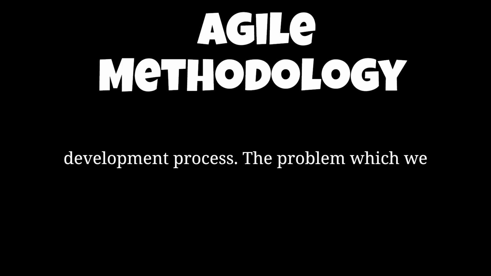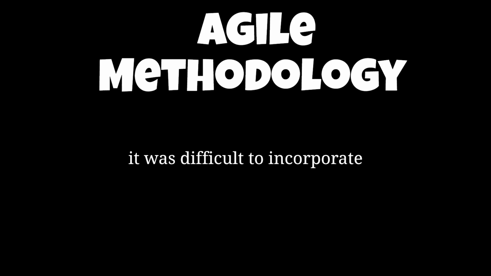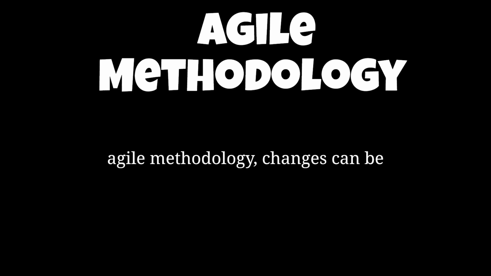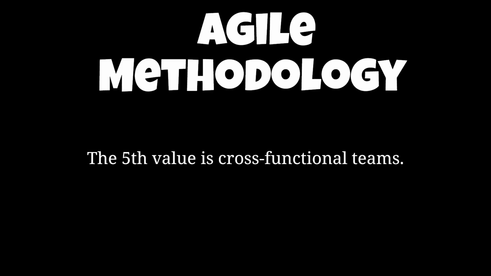The problem which we were facing in waterfall model was that it was difficult to incorporate changes at the late stages, but in agile methodology, changes can be done even late in the development process. The fifth value is cross functional teams.